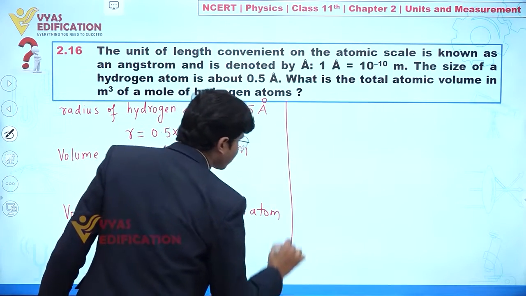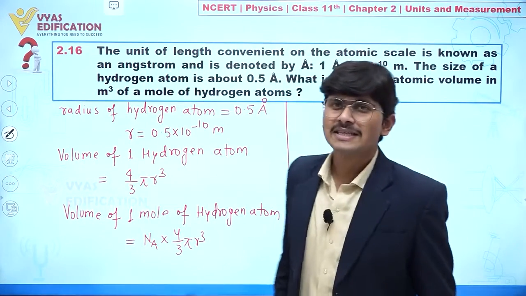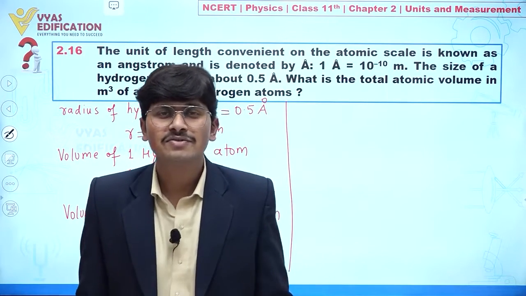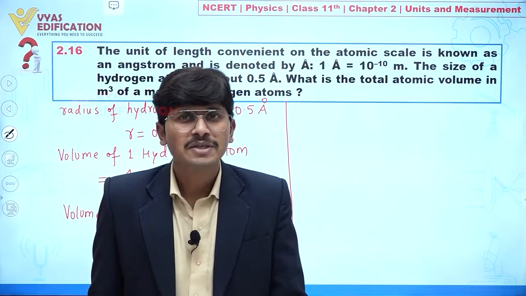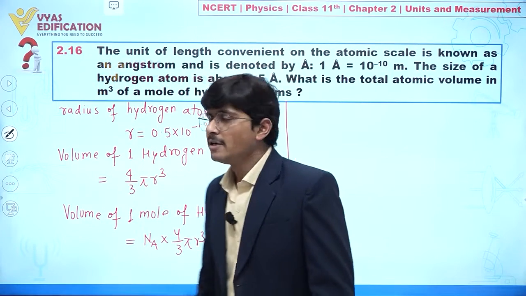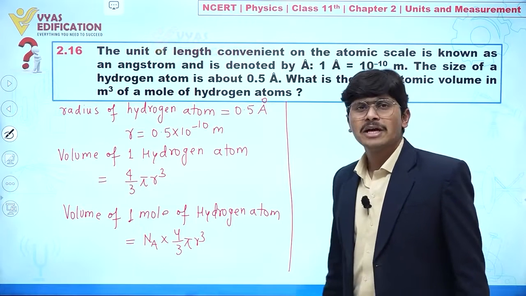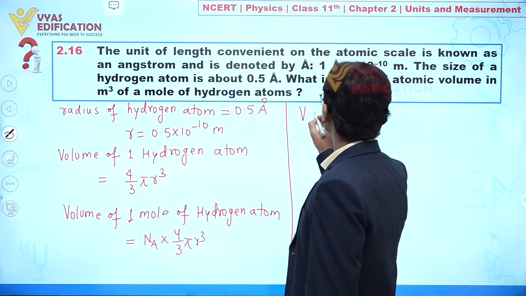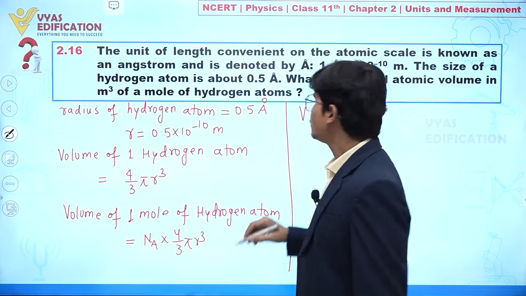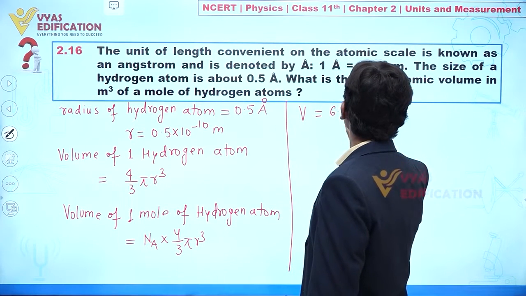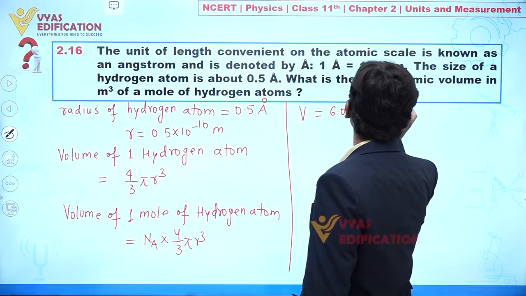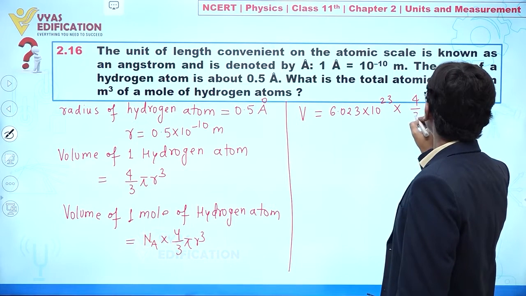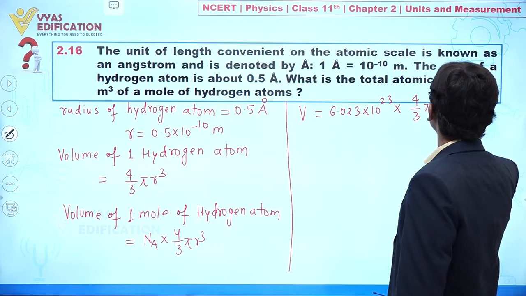Na is the Avogadro number, because we know that 1 mole of a substance contains a number of atoms equal to the Avogadro number. So the volume is Na multiplied by 4 by 3 pi r cube, where Na is 6.023 into 10 to the power 23.